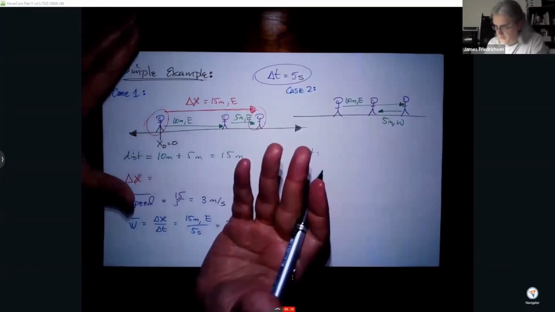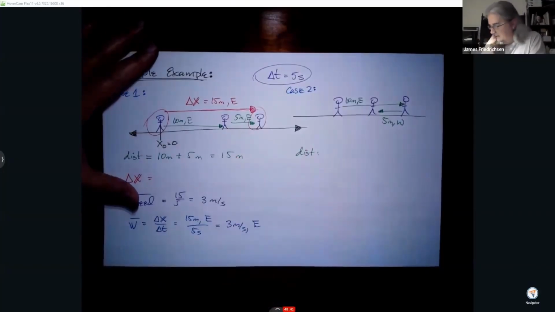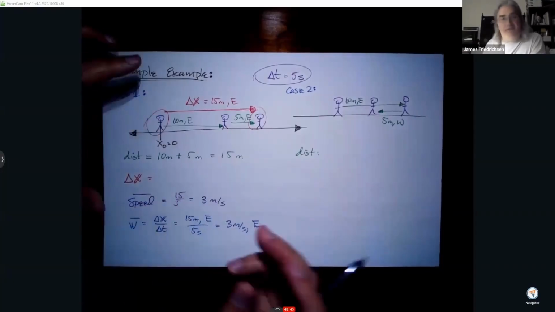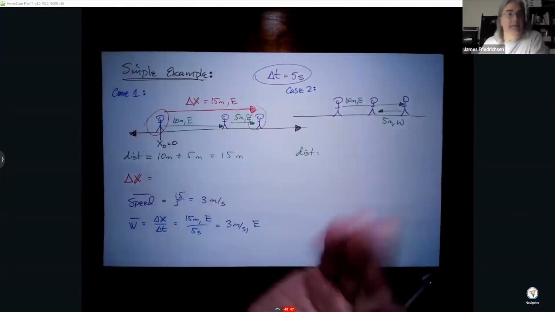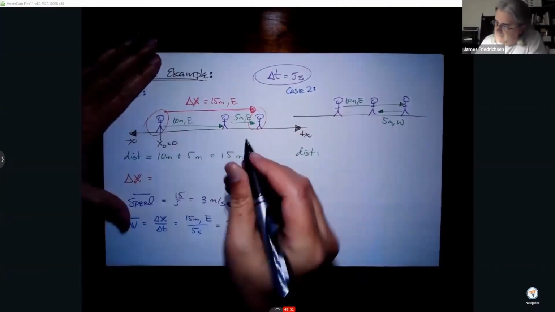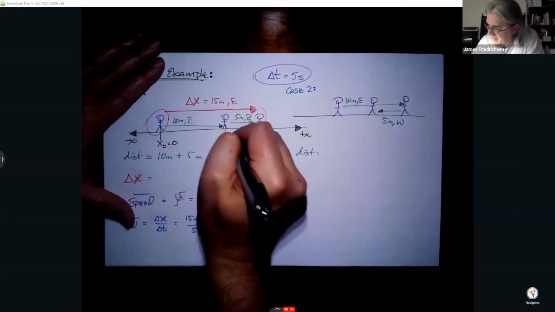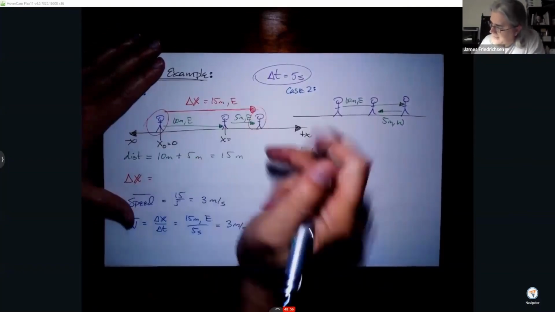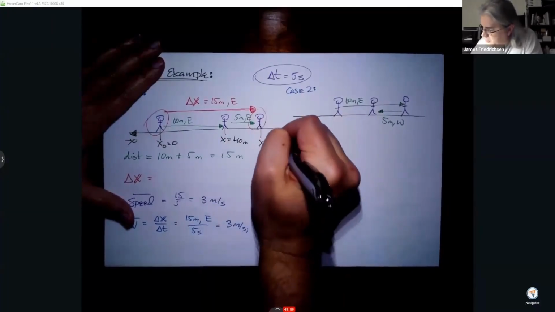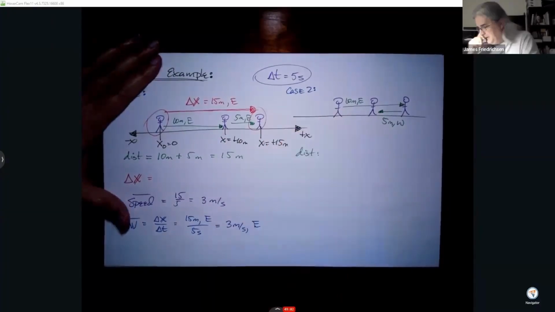Usually a pretty good choice, because then my initial position vector is a 0 vector. We'll pick to the right to be positive, to the left to be negative. That means this intermediate location would be plus 10 meters, and this final location would be plus 15 meters.